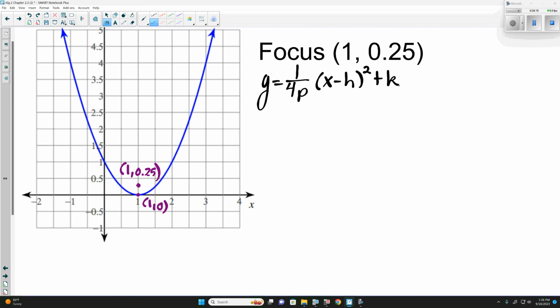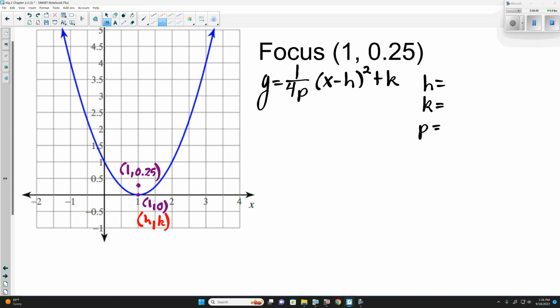And again, just like with the previous ones, we need to find the values of h, k, and p. Because if we find these three values, we can plug them back in and find the equation. Now our vertex is still the point h, comma, k in the general form.